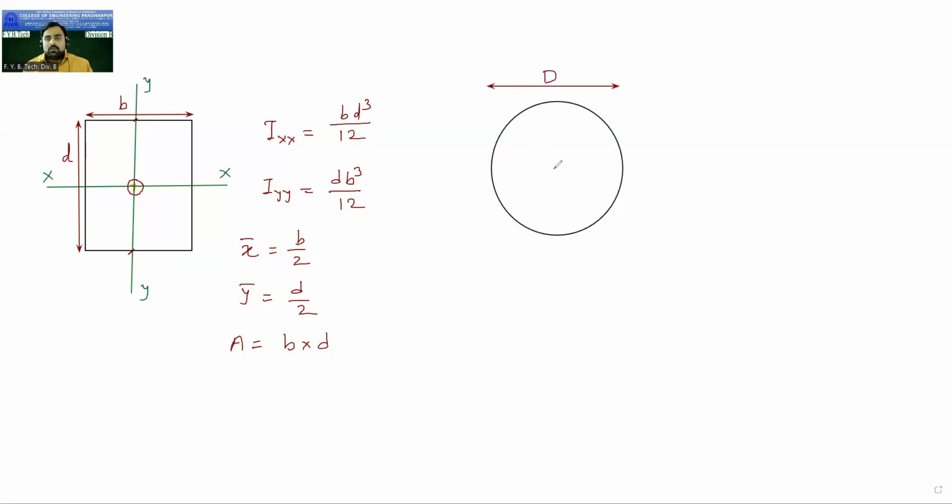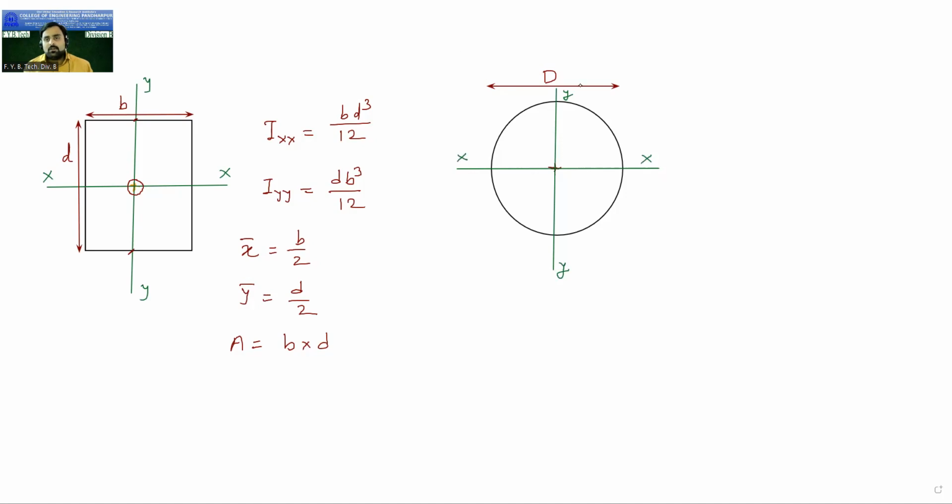Somewhere at the center, the centroid of the circle is situated. In the case of a circle, the center of the circle and the centroid are the same. So if I draw the x and y axes, this is our y axis and this horizontal axis is x axis.